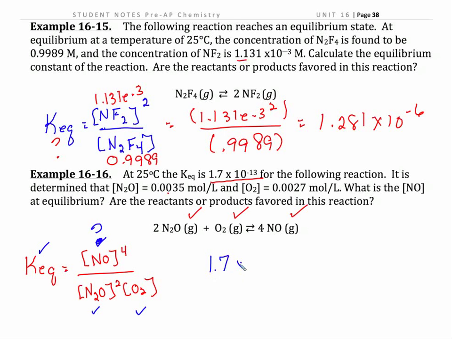So let's plug in 1.7 times 10 to the minus 13th is equal to x to the 4th. So you're going to need to find that math that usually looks something like the x root of the number, and you'd put in 4 and then this symbol and then put whatever is on this other side. If you need help with your calculators on that, let me know and I'll show you where that is in class. Okay, so I plugged in everything.